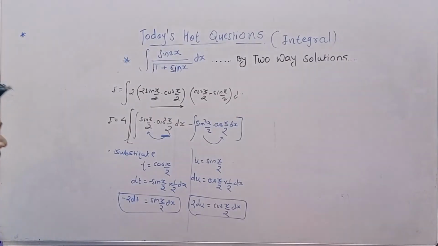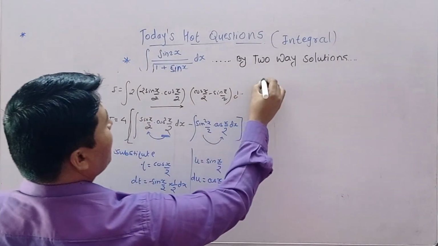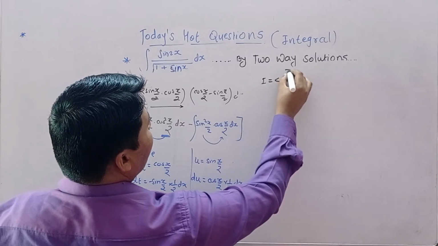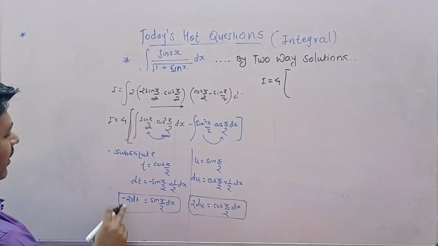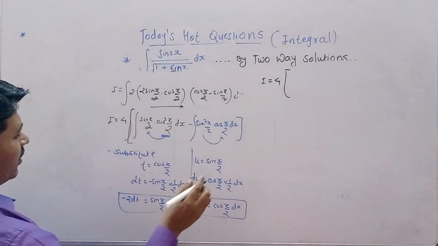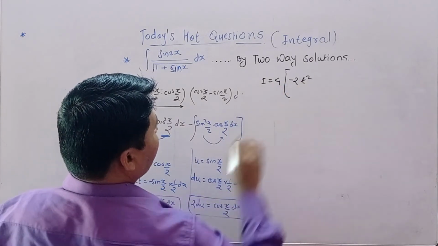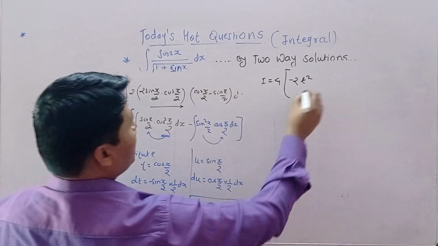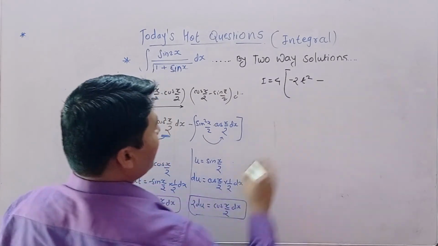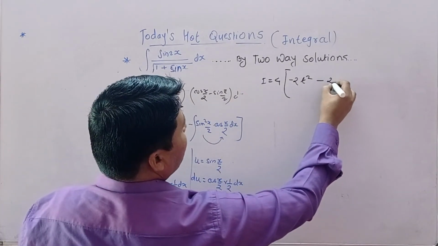Now we can write this integration I = 4 times in bracket, minus 2 dt times t square, and this integration we can write 2 du times u square. Therefore we can write integration of t square dt minus integration of u square du, and this is 2 times also.